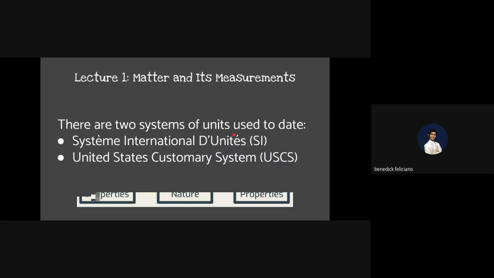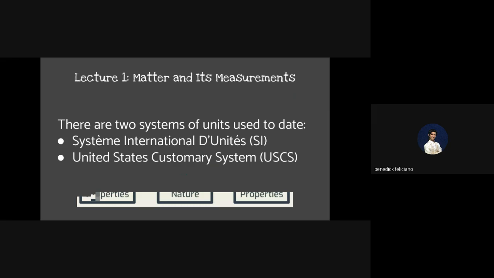So, this is where units came from. In our time right now, we have two unit systems that are most commonly used, namely System International d'Unités, or the SI, or the International System of Units, and also the United States Customary System, or USCS.